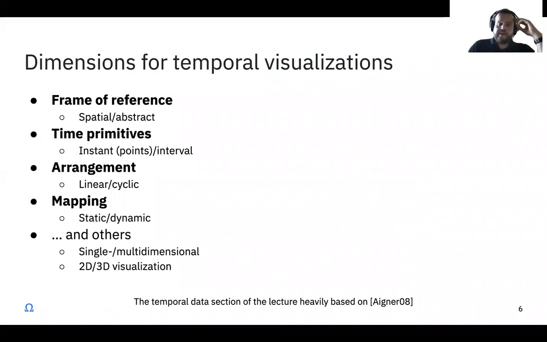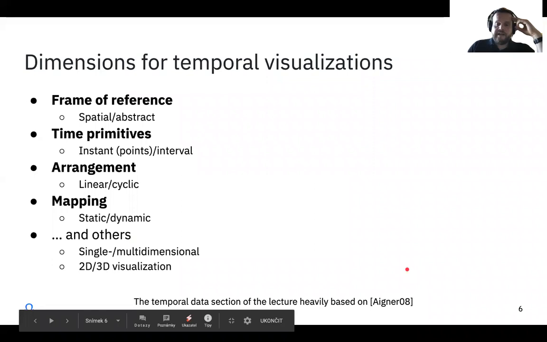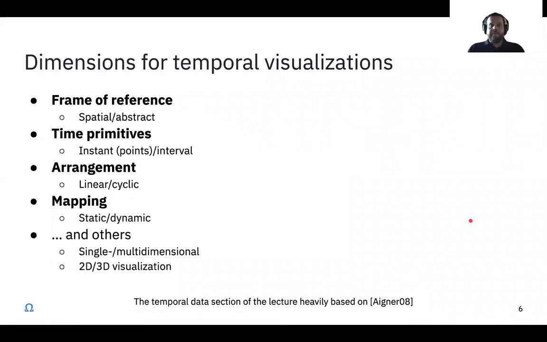So there's this article by Enier, I'm not sure if I'm pronouncing it correctly, which gives a nice structural framework for temporal visualizations, and we're going to go over all these aspects and show some visualizations that relate to them. So those aspects are frame of reference. So is our data spatially anchored, or is it abstract?